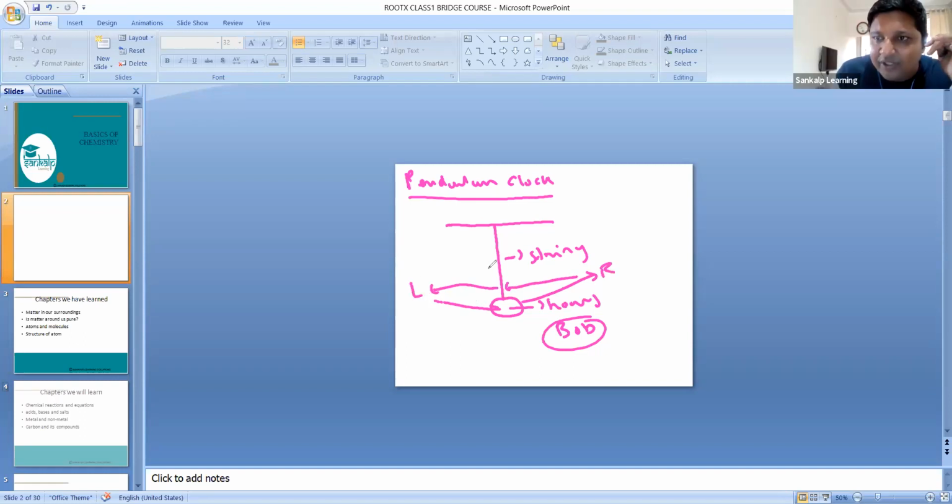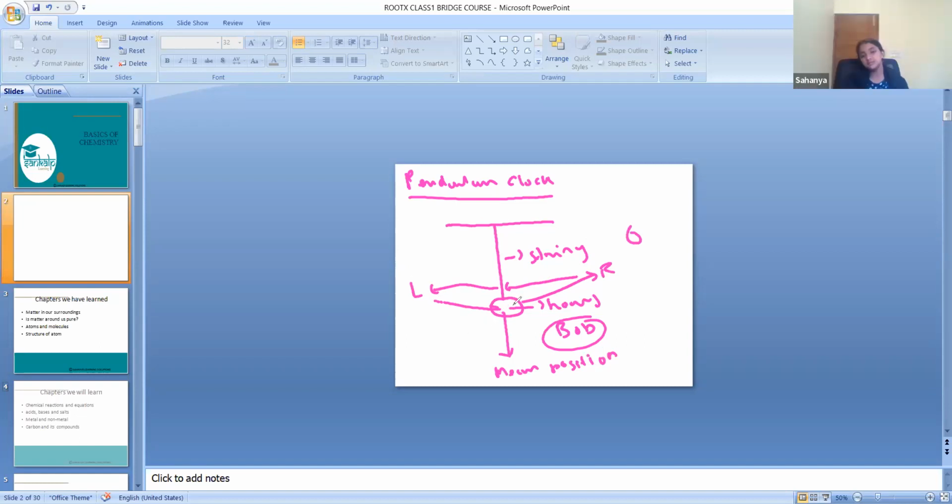So this type of motion. See what is happening. This position is called the mean position, or you can consider it as zero. One phenomenon of this bob is that to whatever extent it moves in the right direction, to the same extent it will move in the left direction.